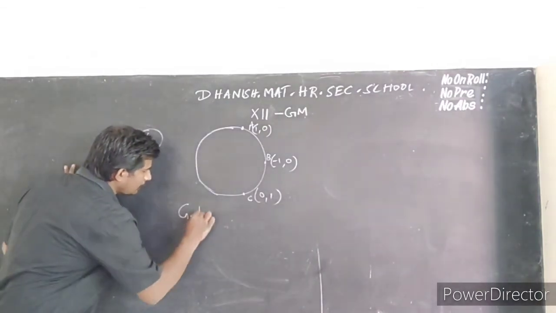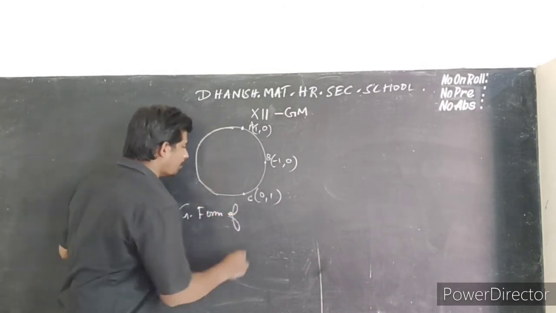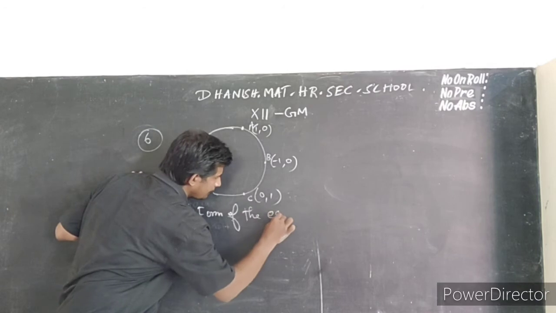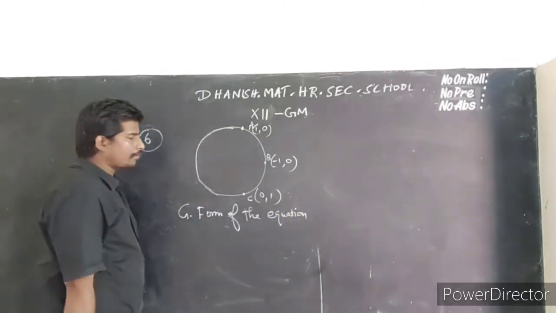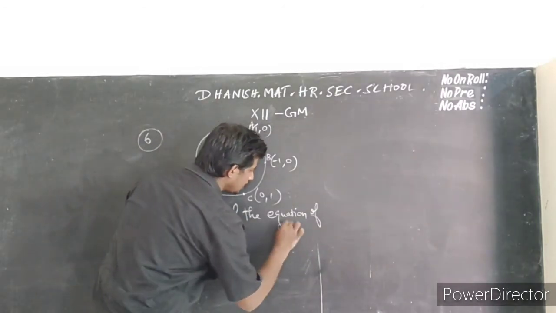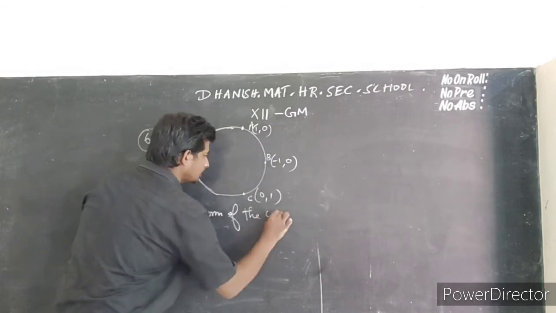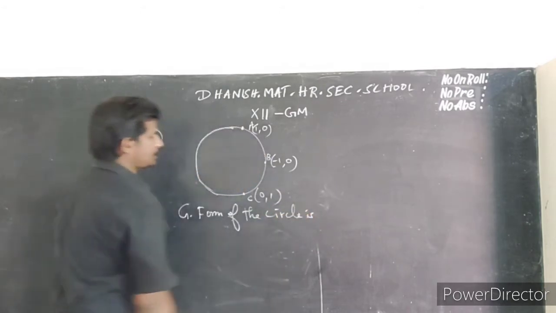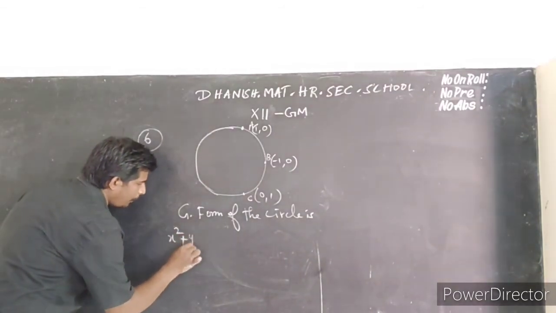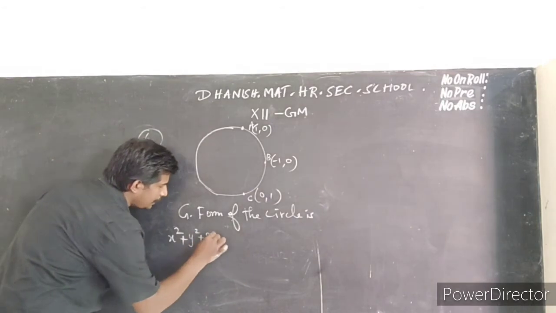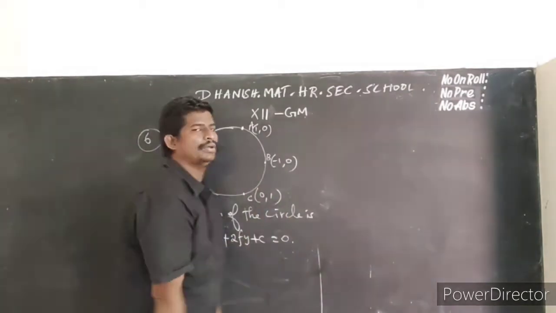The general form of the equation of a circle is x² + y² + 2gx + 2fy + c = 0.